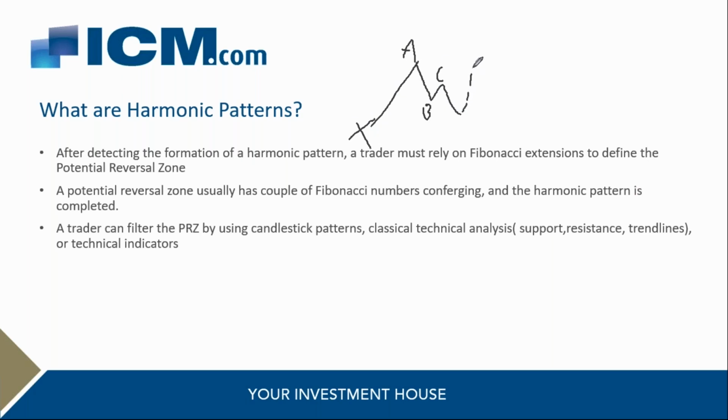Point B could be here, or point D could be here, or point D could be lower. So we're going to use the Fibonacci levels to decide where this potential reversal area could be, where the market is going to jump from and continue the previous trend that was from X to A. This is how you can use harmonic patterns.